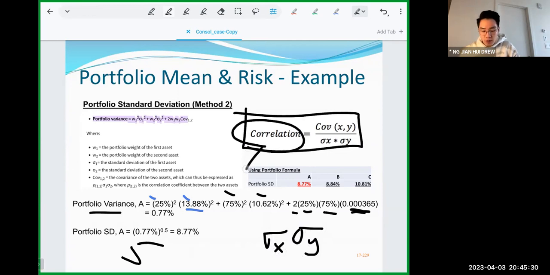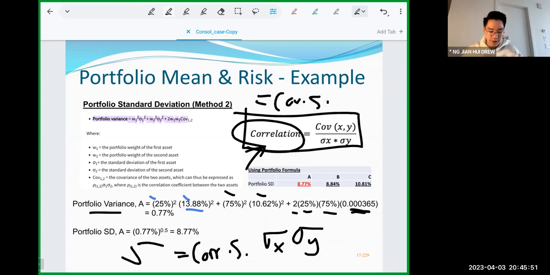In Excel, you can use the correlation formula, CORREL, if I'm not wrong. This would give you the answer of correlation. And you can use the COVARIANCE.S formula that I showed you earlier to calculate covariance.